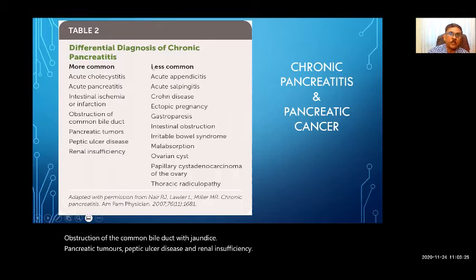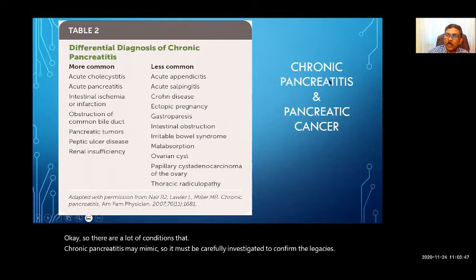Less common differential diagnoses will be acute appendicitis, acute salpingitis, and the list that follows here. Okay, so there are a lot of conditions that chronic pancreatitis may mimic. So it must be carefully investigated to confirm the diagnosis.